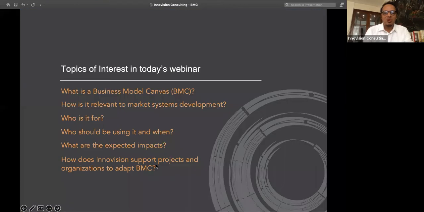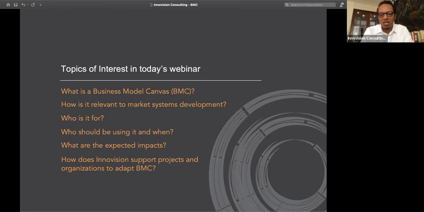In doing so, we also have been applying the business model canvas, especially when it comes to designing systemic solutions to the systemic constraints in the markets of interest. So today, we're going to discuss a little bit about how we see the business model canvas in the context of market systems development.